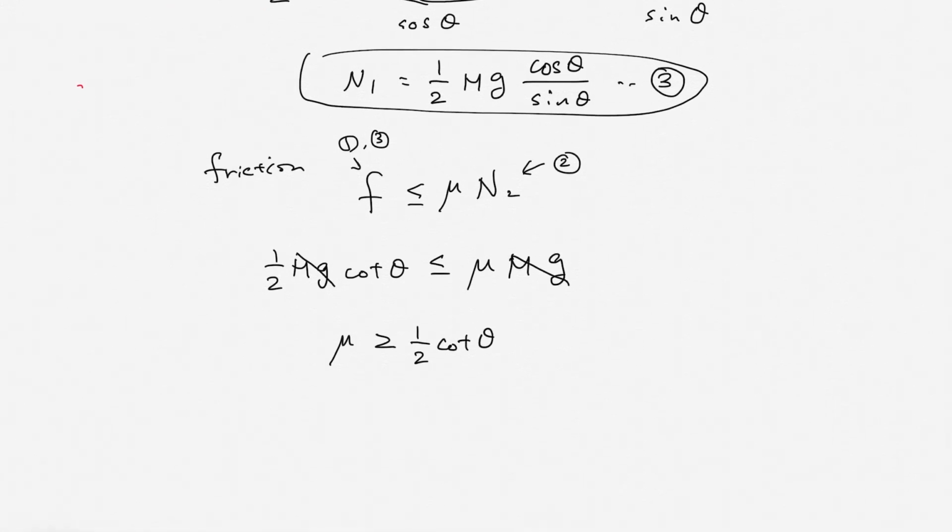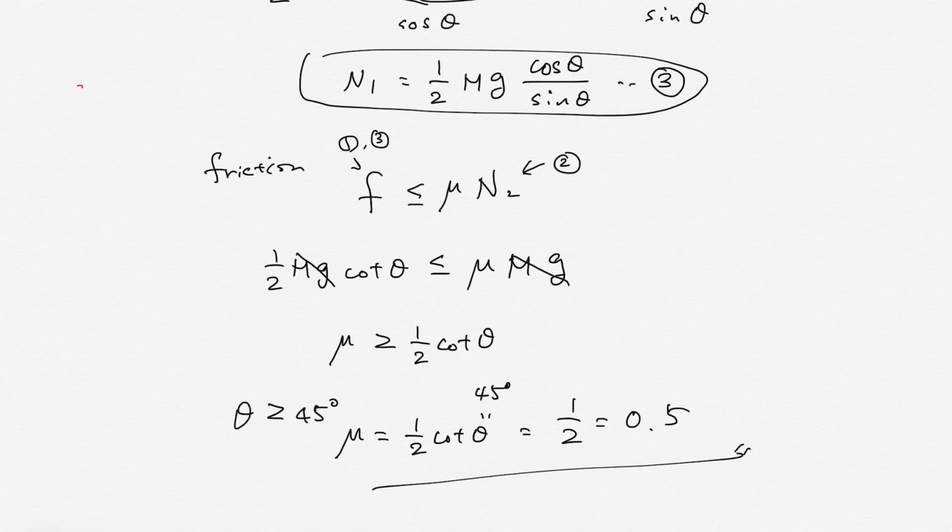For theta larger than 45 degrees, the object starts moving. So mu is equal to 1 over 2 cotangent theta. You can substitute theta equal to 45 degrees. Then it becomes 1 over 2, 0.5. This is the coefficient of static friction. Okay, so this is the answer to this question.